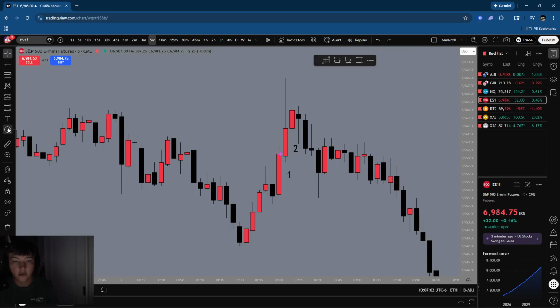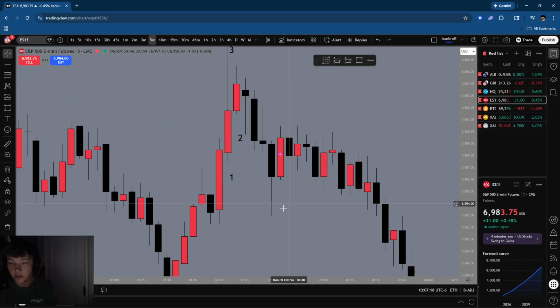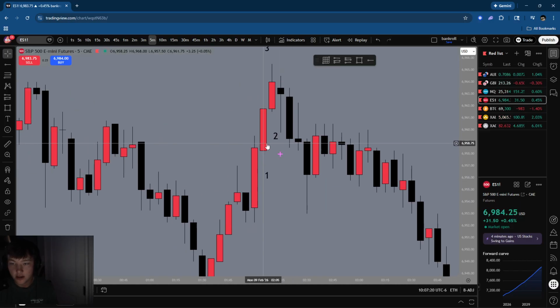Okay, and then candle 3. I'm just going to put it above it. This is the red candle, all these red candles. So we have candle 1, 2, and 3. A fair value gap is, see this candle's wick right here? This black line right above it?